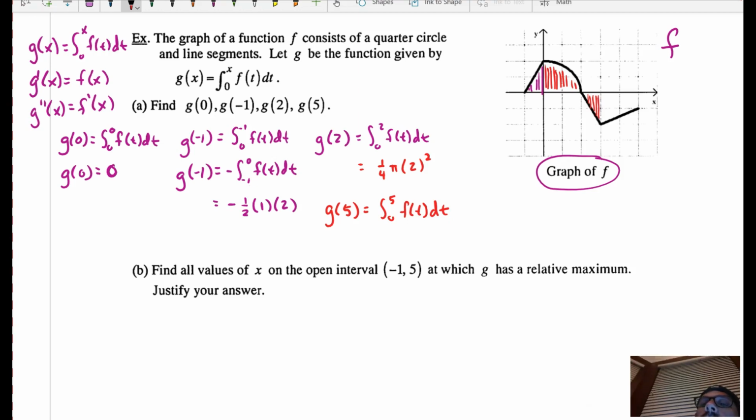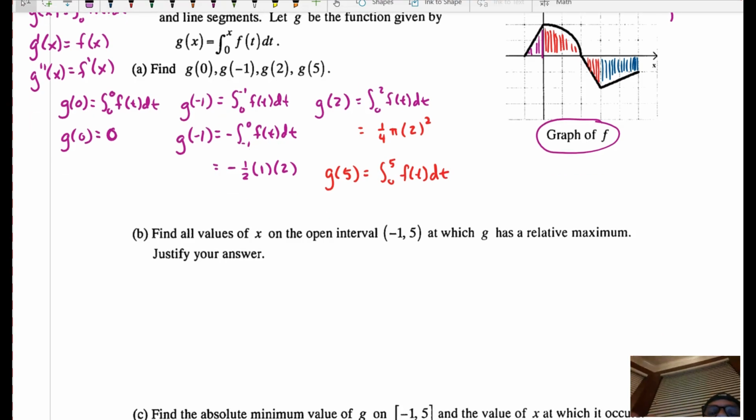And then we have this triangle. And then we also have a trapezoid. And the triangle and the trapezoid are going to be below the x-axis, so it's going to be the negative of that area. So we have that 1/4 pi r squared, where the r was 2, minus 1/2. The base of that triangle is 1. The height of that triangle is 2.